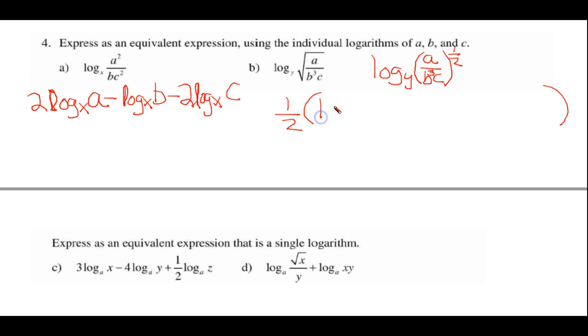So that's this 1/2 that's out there. So now we go log base y of a, and then this is division, so we're going to do subtraction, log base y, and it's b, so we need to put that 3 out in front there, and then we have minus log base y of c.